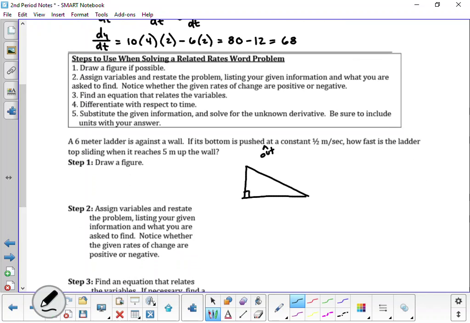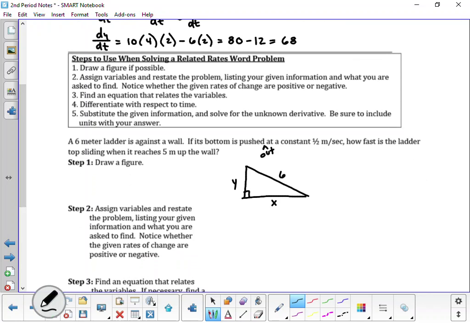So the bottom is moving and the side is moving, so they both need to be labeled with a variable. Anything that's not moving, you label with a constant. So I can label the length of the ladder as 6 because that's not changing.